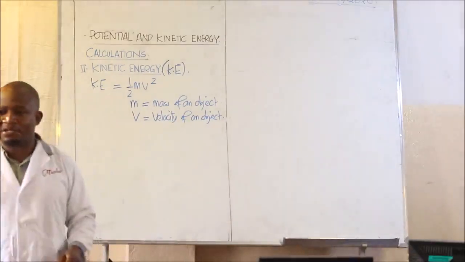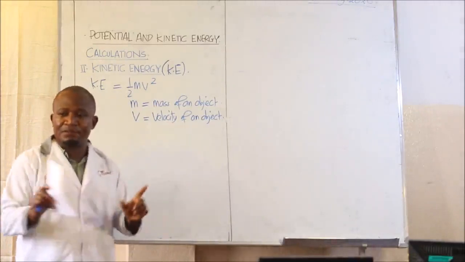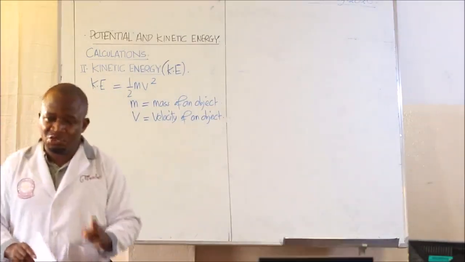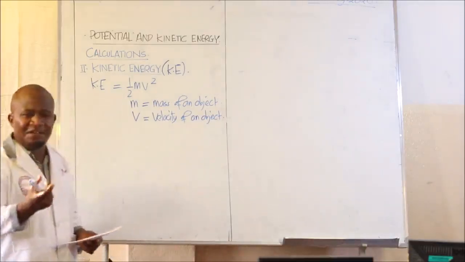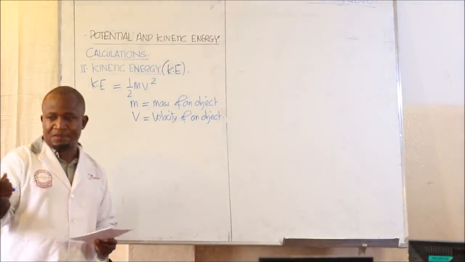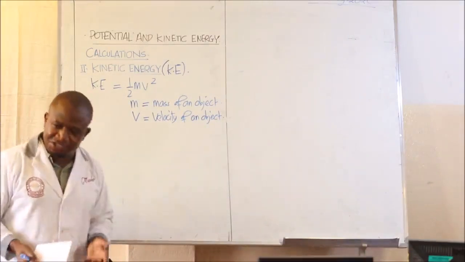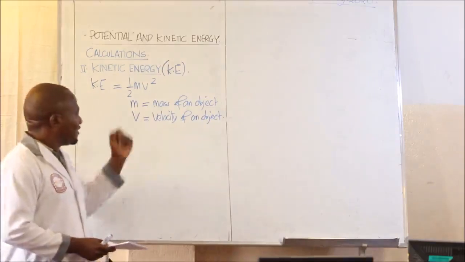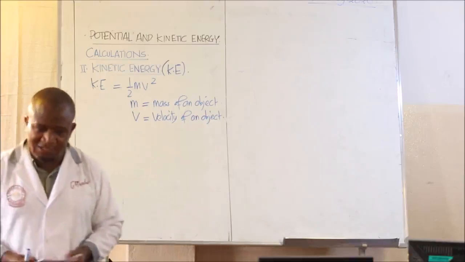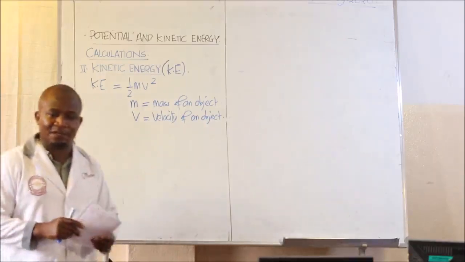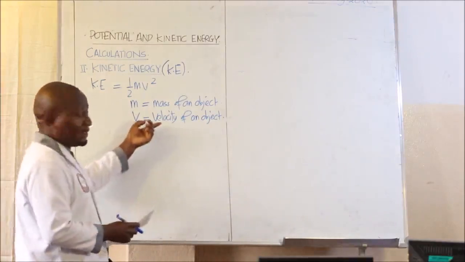Therefore, velocity is a vector quantity because it has both magnitude and direction. For example, 10 meters per second towards the west or towards the east, any direction. Velocity is not entirely the same as speed, because velocity has specific direction. I hope this is clear.